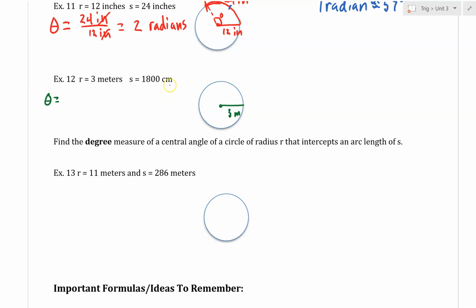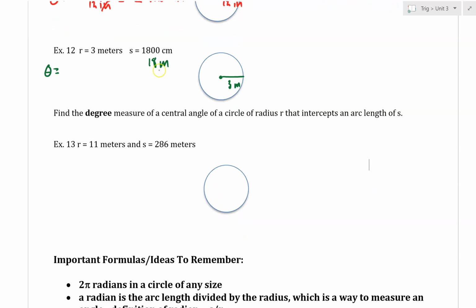But if I change this from centimeters to meters, hopefully we understand that this would be 18 meters. Remember, that's an arc length here. So if we have a radius of 3 meters, how many radiuses would I have to lay down on this circle to get to 18 meters?